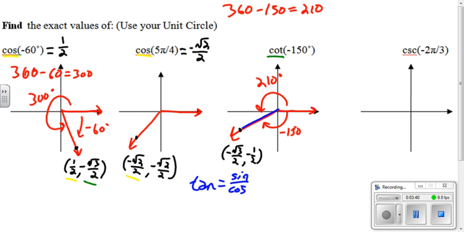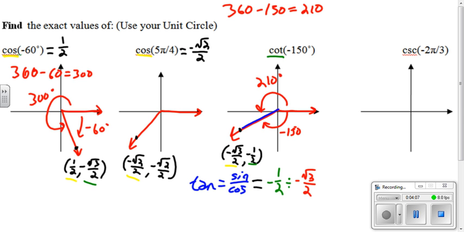So in this case, our sine would be negative 1/2, our cosine would be negative root 3 over 2. So we would say our sine is negative 1/2 divided by negative root 3 over 2.